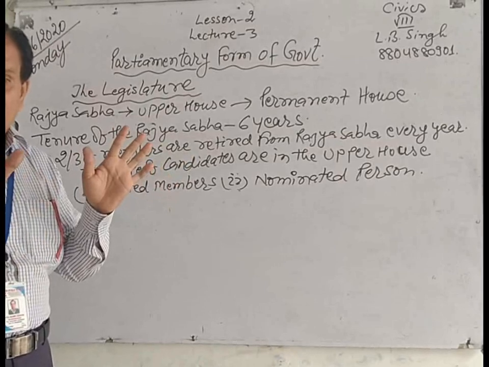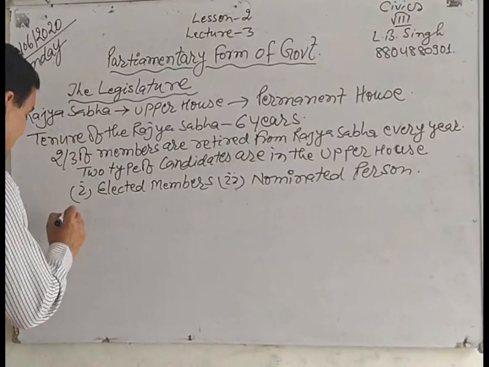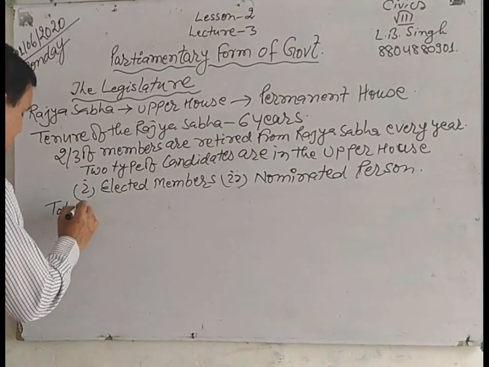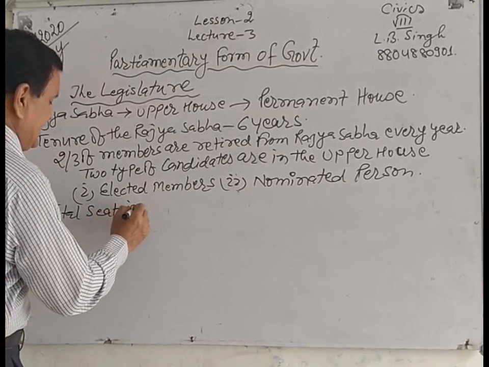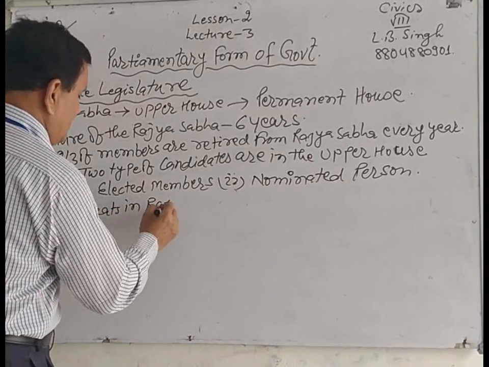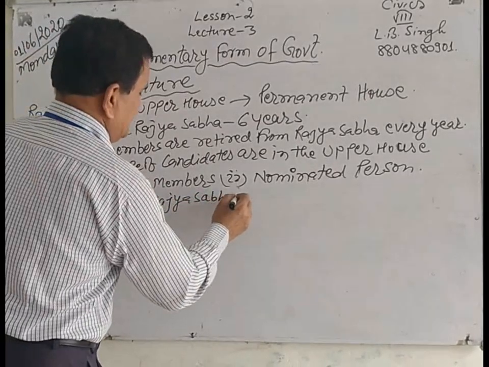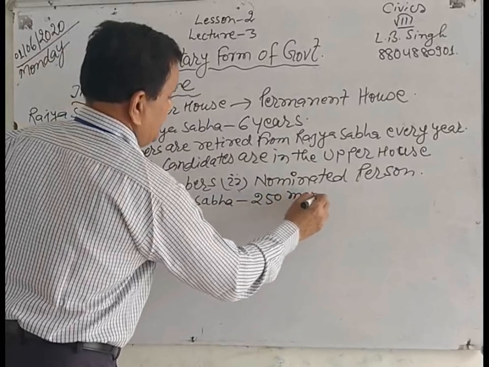The second thing is that total seats in Rajya Sabha is 250 members.